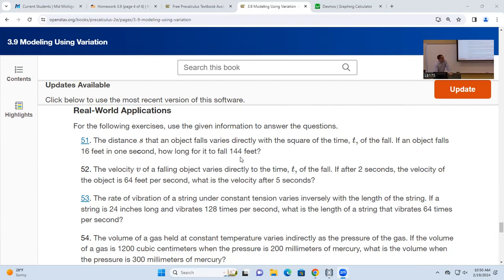So let's go to some word problems. It says the distance, which they're calling s. I don't know why they call it s. Seems like we call it d for distance, but they use s. Who knows why?